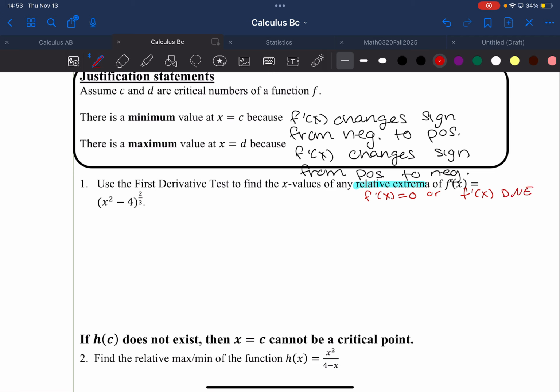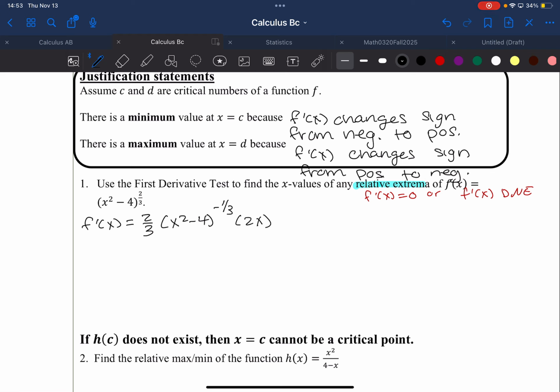So in order to use the first derivative test, we're going to take the first derivative. So f prime of x is equal to, we're going to use the power rule and the chain rule. So we have 2/3 times x squared minus 4 to the power of negative 1/3 times 2x.